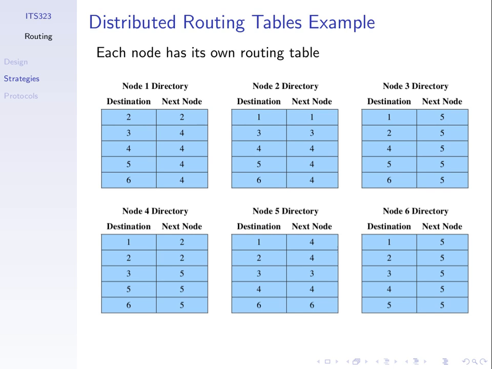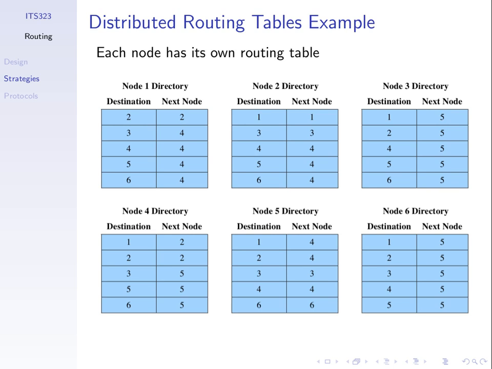For example, looking at node 6, to reach node 1, 2, 3, 4, 5, the next nodes were 5, 5, 5, 5, 5, which is this table here. Node 6 routing table, a directory called here, but I'll call it a routing table. To reach these 5 destinations, this is the next node in the least cost path to reach.